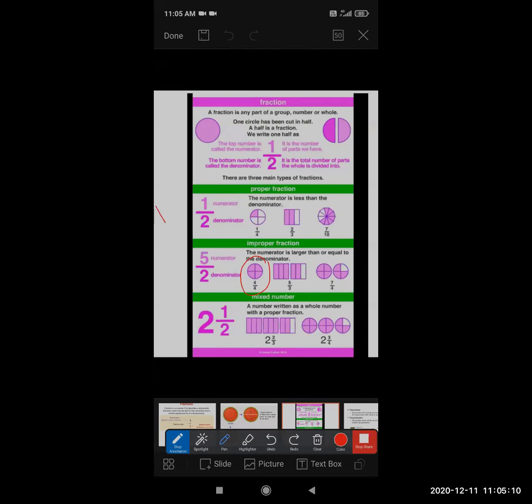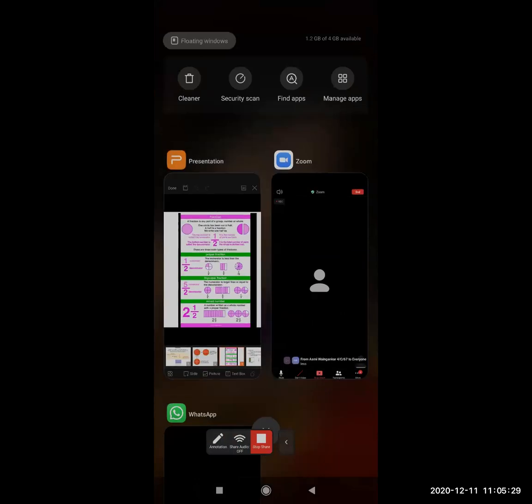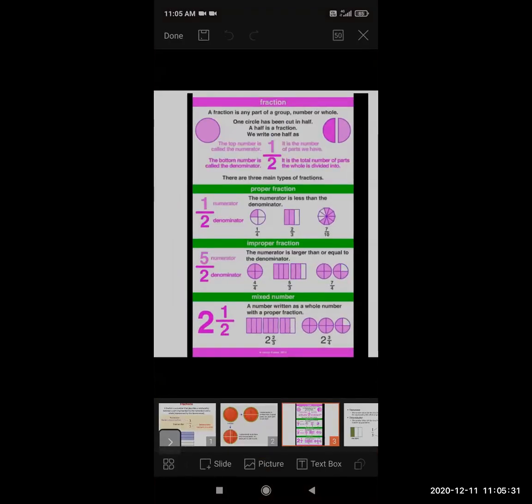It is 1/4, right? Next, 2/3 in this way. Next, 5/2. If some students are reading it in another way, no problem.